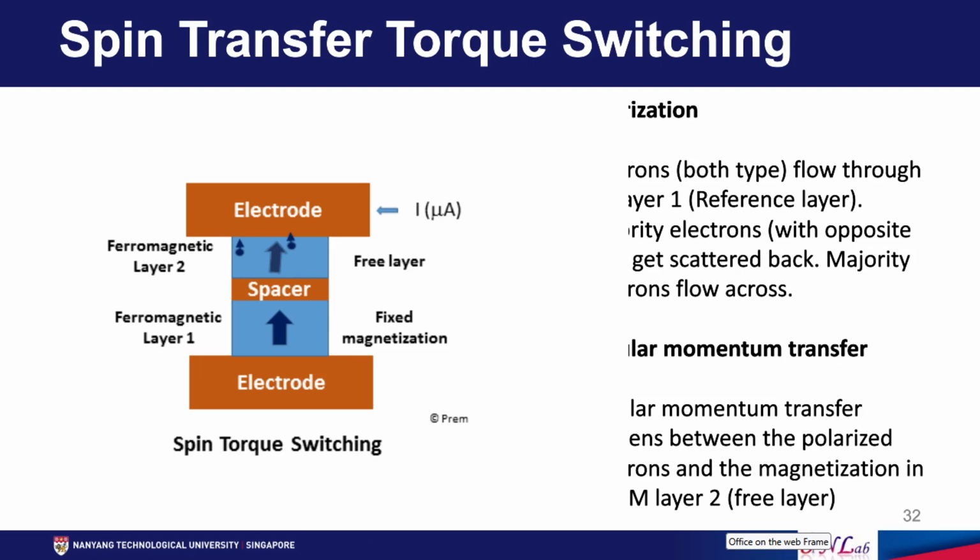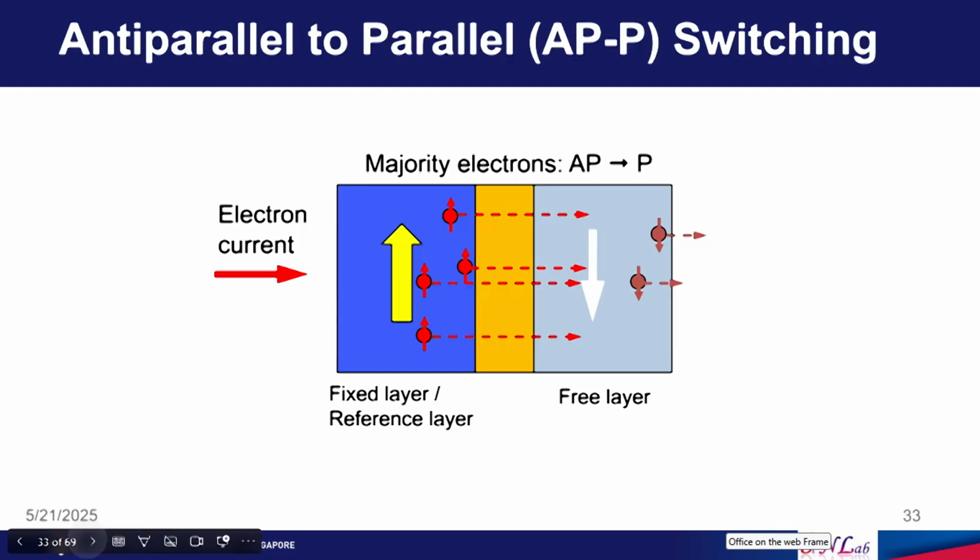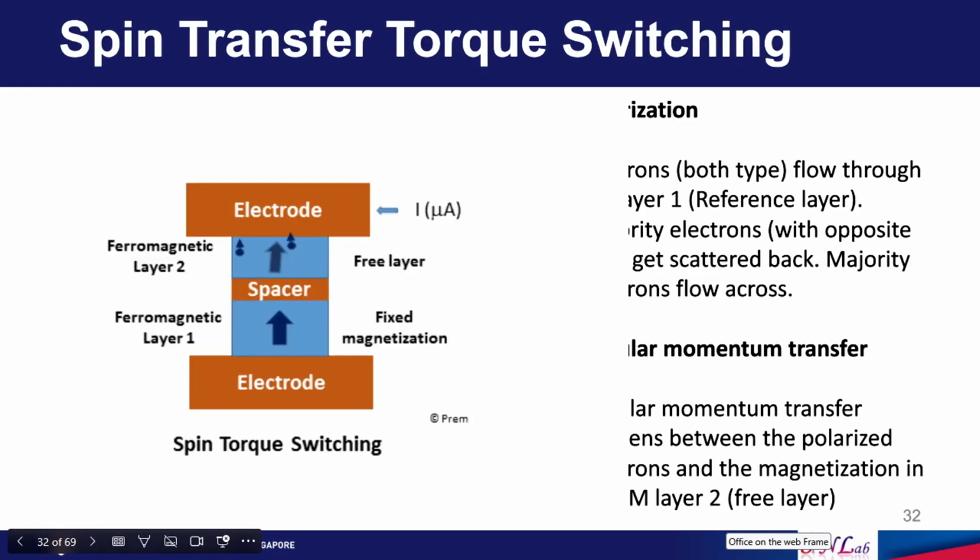This fixed magnetization layer will send this type of spins to the other side. The majority spins will go, and the spins which have magnetic moment in the opposite direction will come back, or they will accumulate here. Only the spin up electrons will go through.